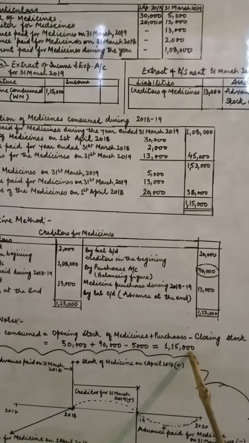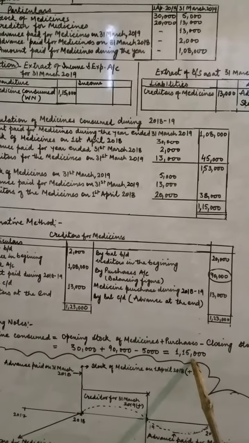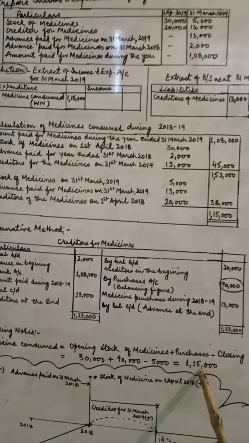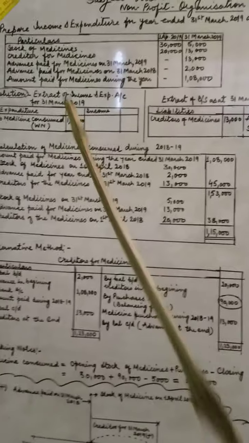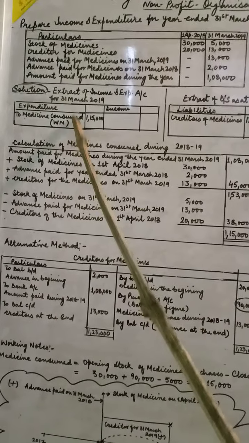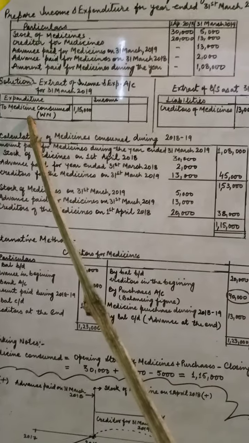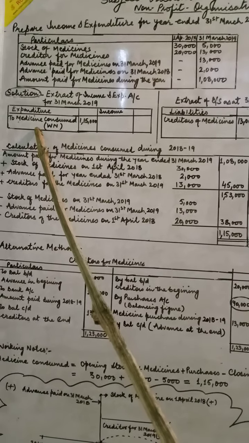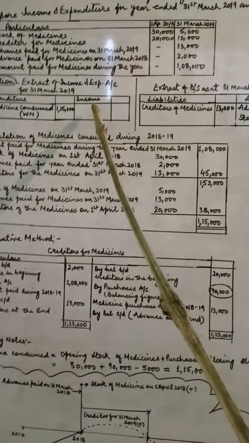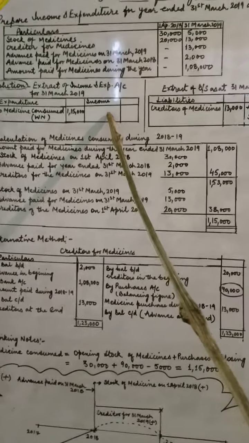Here actually you are going to calculate the total medicine consumed during the year, because we need to put the amount of medicine consumed in the income and expenditure account. We all know that in the income and expenditure account, on the debit side we take all the expenses and losses, and on the credit side we take all the incomes and gains of your non-profit organization.